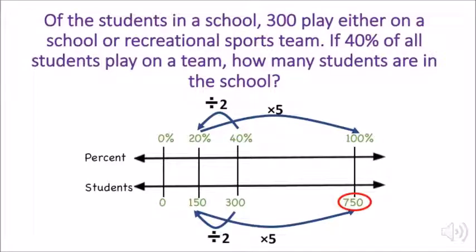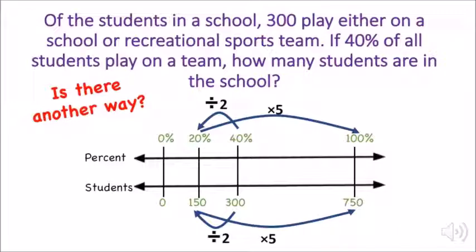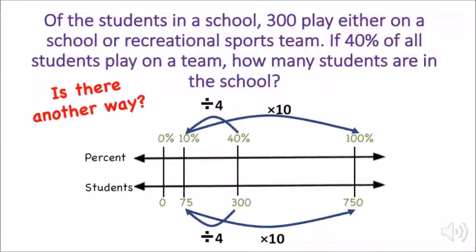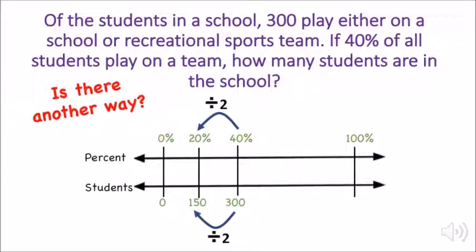You can also ask students if there is another factor of 40 and 100 that they could use instead of 20. Some students may suggest that you could use 10%. Another way you could extend students' understanding is to ask if there is another way to get to 100% once they know 20% and 40%. Students may offer a variety of ways to get to 100%.